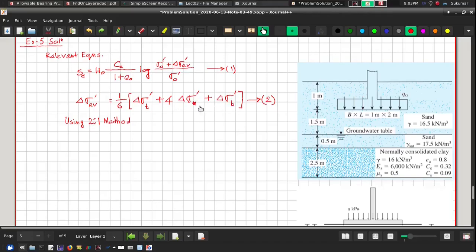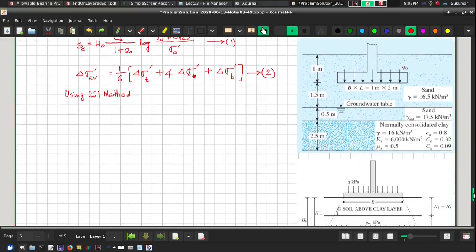So when we add them, then average of that by 1/6 gives me the average change in effective stress due to foundation loading. Okay, now this change in stress can be obtained by using 2:1 method, which we have already studied.